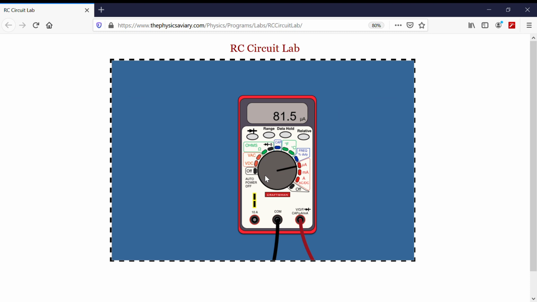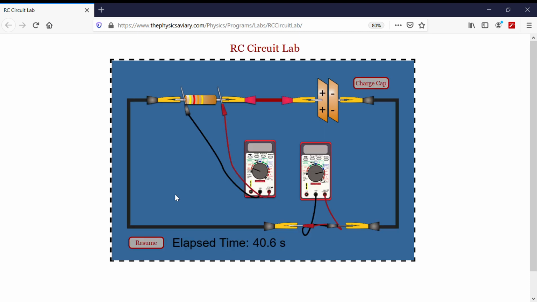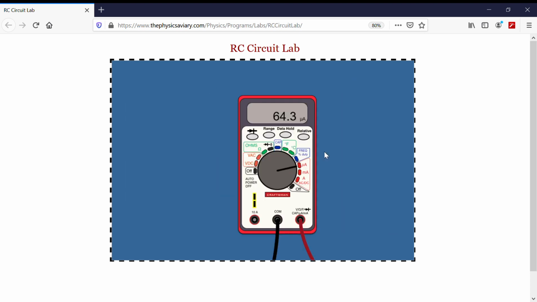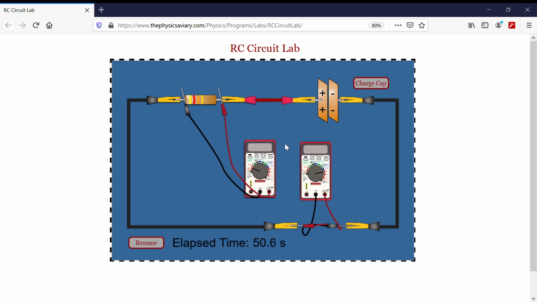And the current is 81.5. Okay, let's keep going. Okay, the voltage is 2.7 at 50 seconds, and the current is 64.3. We keep going.